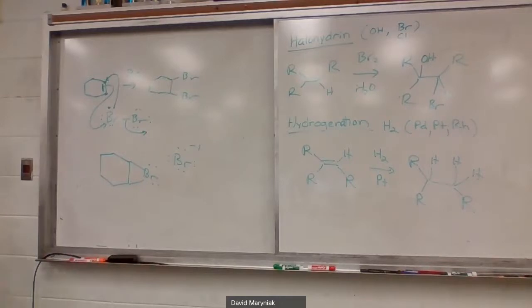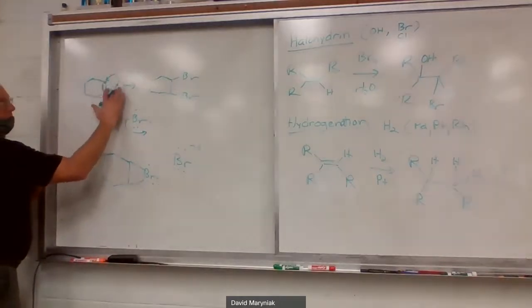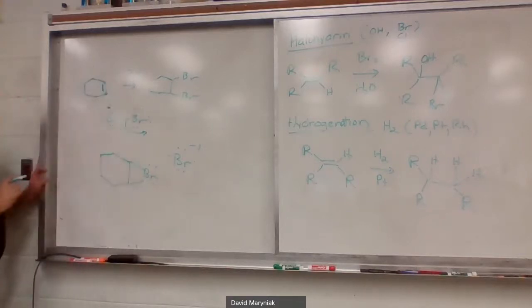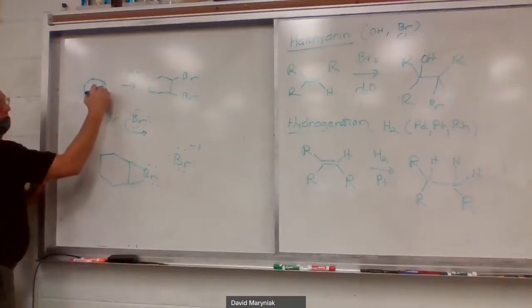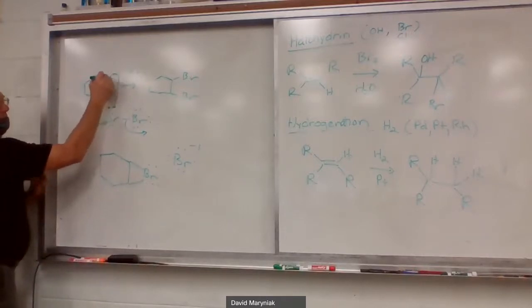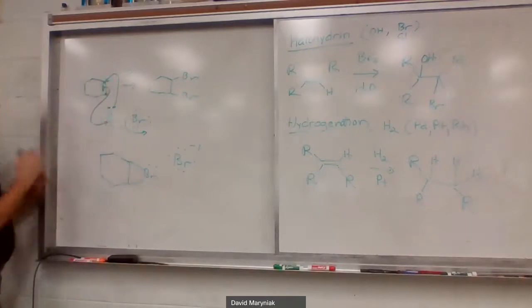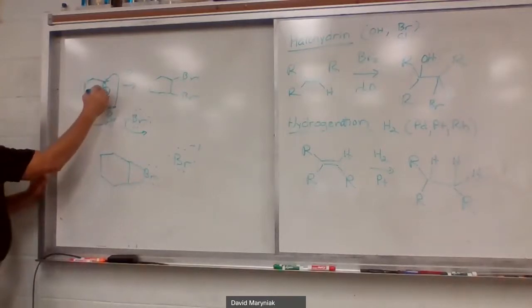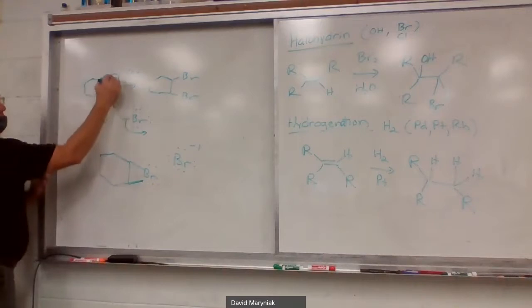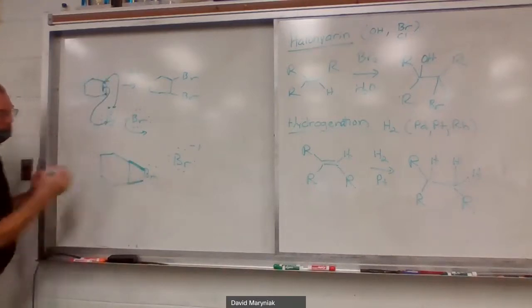So this is where you say, in this starting material, is anything charged? No. Is this making a new connection between carbon and this bromine? Is this making a new connection between this carbon and that same bromine? So this arrow is right there, and this pair is right there.